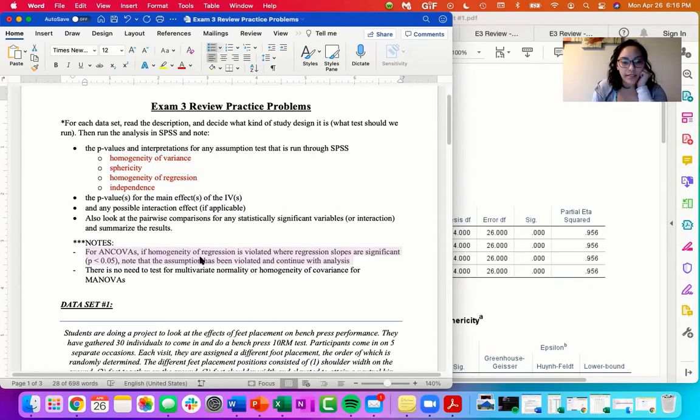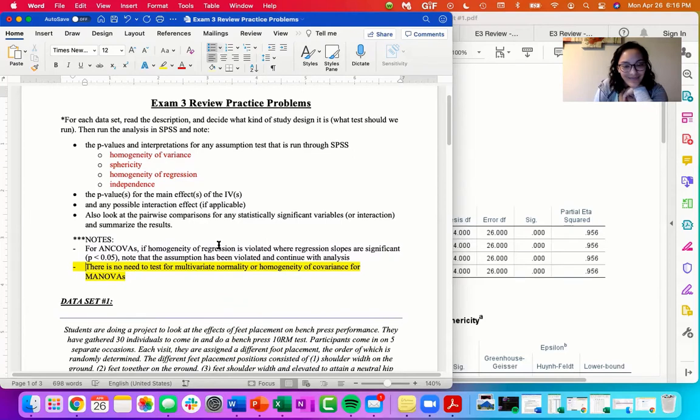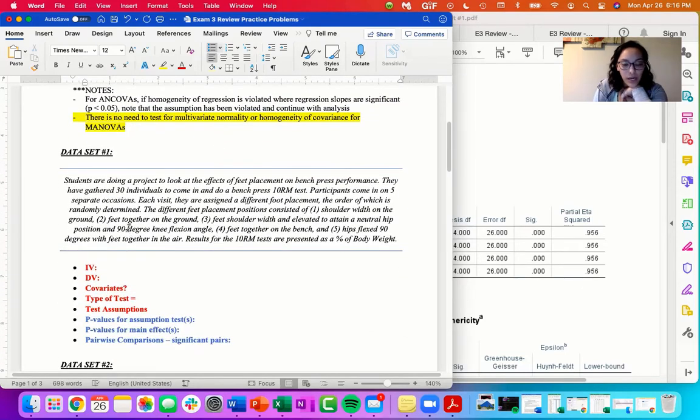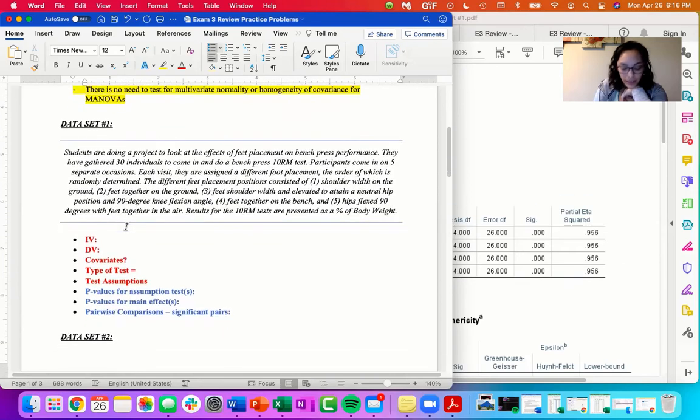But I'm still finalizing some of the exam questions, so I can't remember. And then again, just in case it didn't hit home yet, you don't have to test these two things in SPSS.